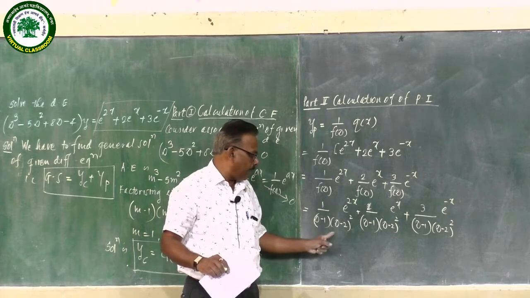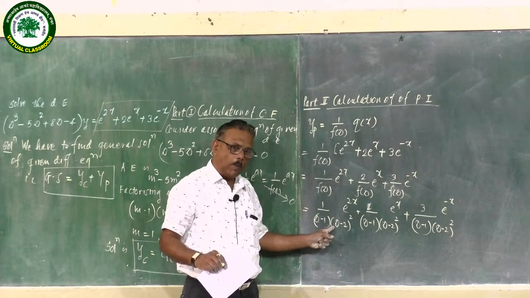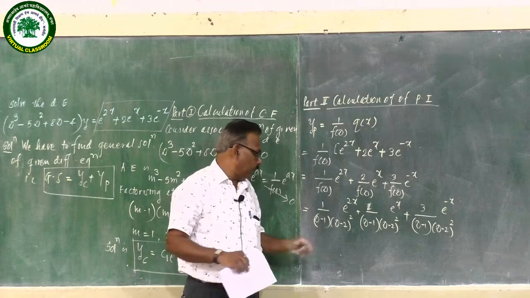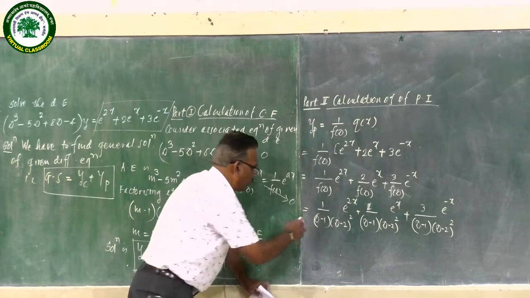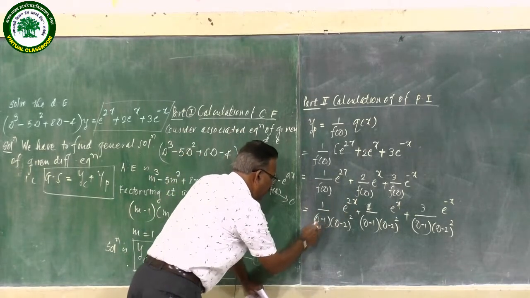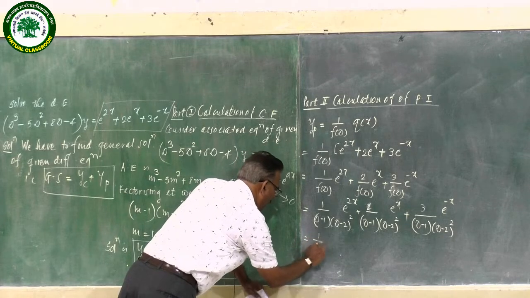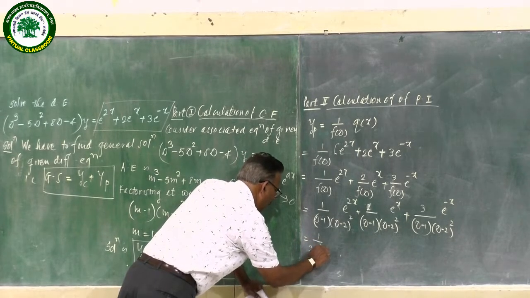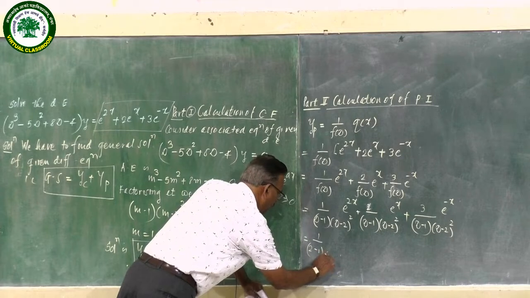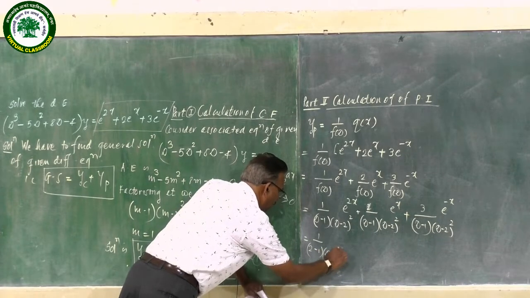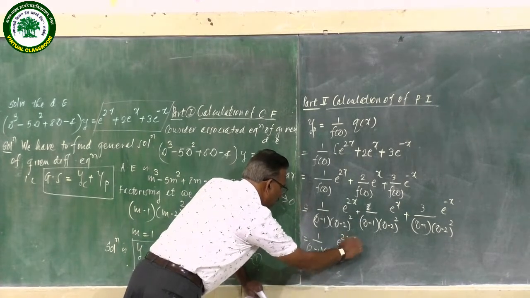Therefore, you have to apply the rule of repeated roots. D is repeated 2 times here, so you have to substitute D equal to a here. Therefore, 1 upon (2 minus 1) into (D minus 2) square e raised to 2x.